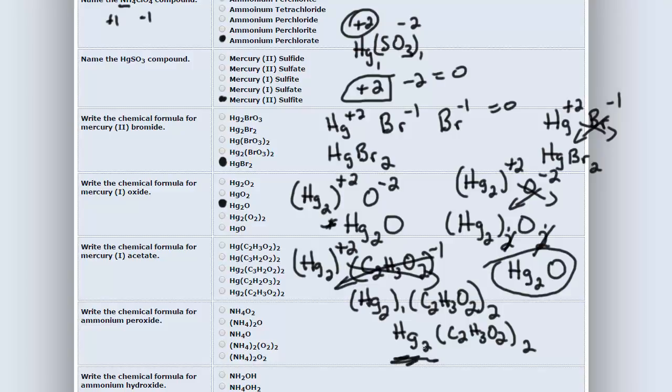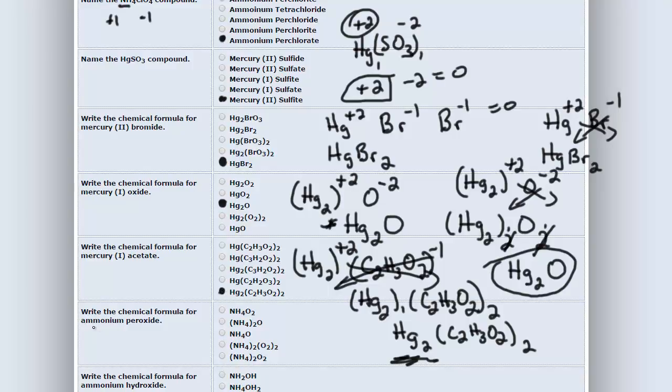It's a polyatomic ion. It's a complete unit. We cannot break it down. We can't separate it. So this is mercury 1 acetate, Hg2, parentheses, C2H3O2, close your parentheses, subscript 2.